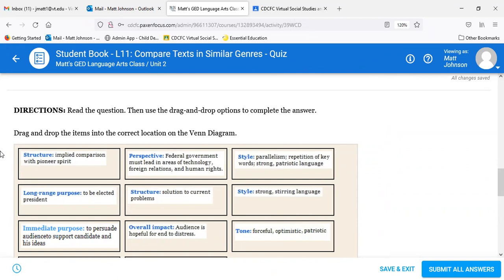So thinking about the structure, was it Roosevelt, Kennedy, or both of them who implied a comparison with the pioneer spirit? It is hard to scroll down. We've run into this before, Nelda. If you can zoom out your screen, it might make things a little small to read, but it might help you drag and drop.